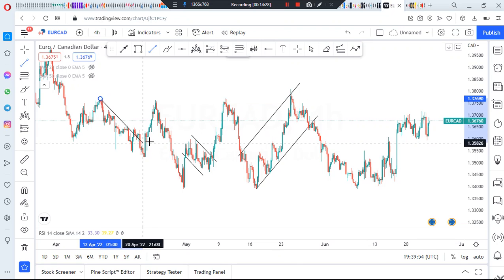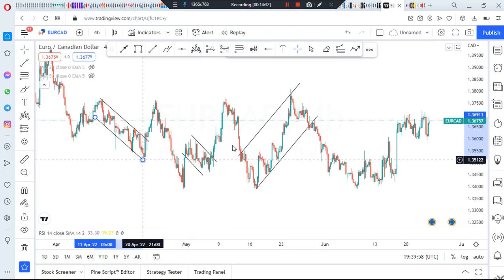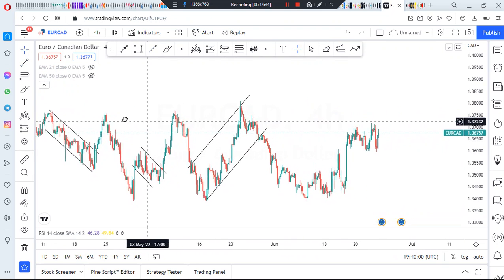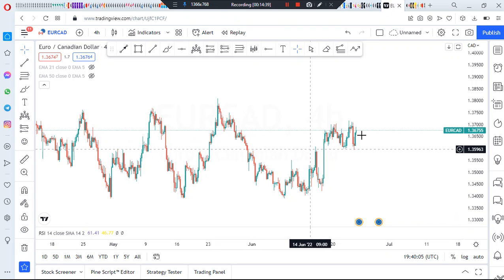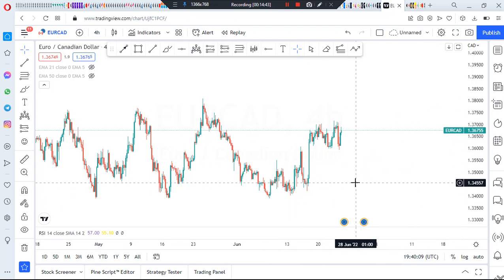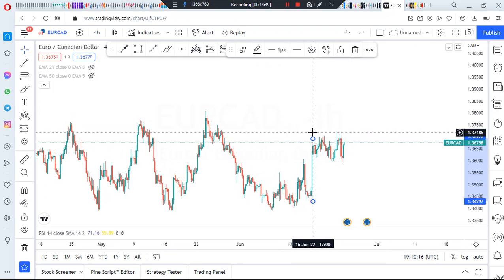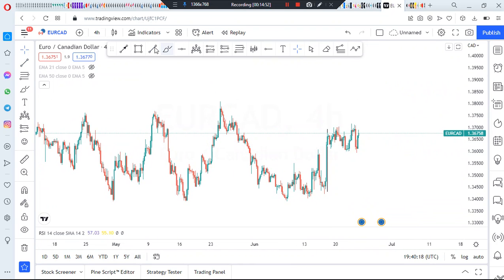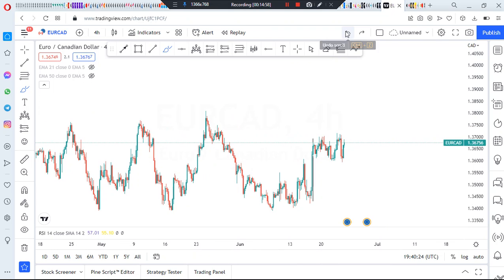As you can see, this pair has been forming some beautiful patterns, some beautiful structures. So as we are, let me just remove this, we're focusing on this area here. I want to see what happened here. If we look closely, you can see this was an impulse. So let's safely say this was a correction. On this area, you can say this was a correction.